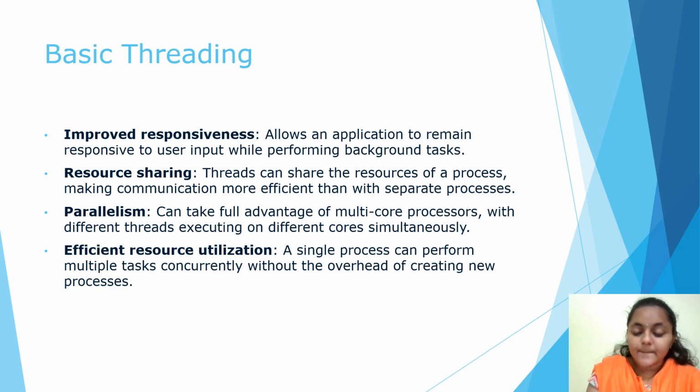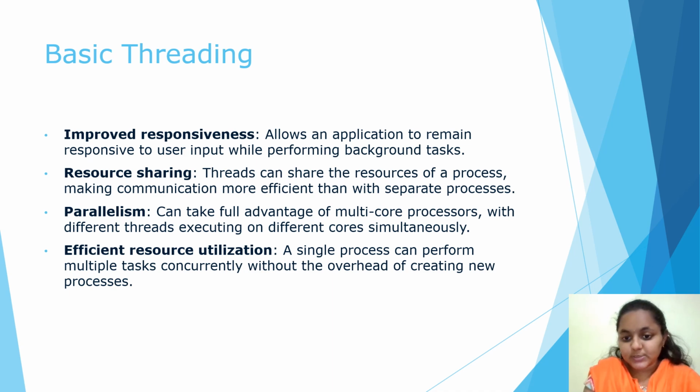Benefits of threads. Improved responsiveness: the UI remains active while background operations run, for example file downloads. Resource sharing: threads share memory easily, avoiding complex inter-process communication. Parallelism: threads can take full advantage of multi-core processors, with different threads executing on different cores simultaneously.